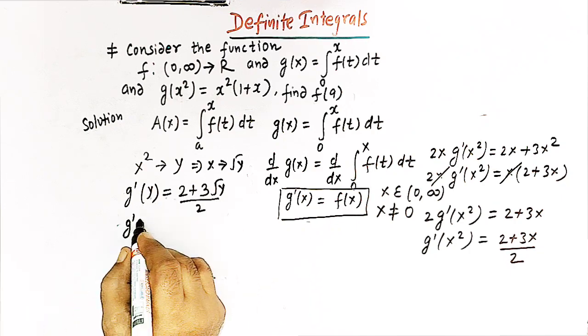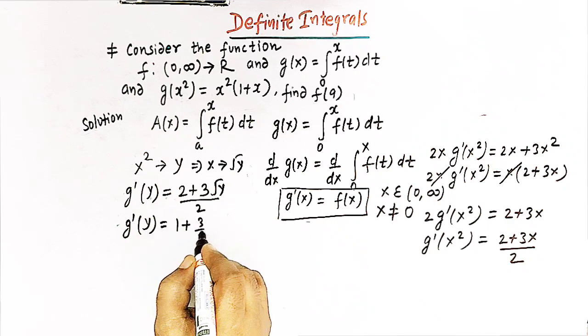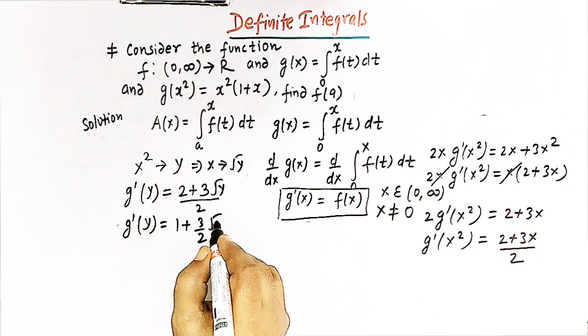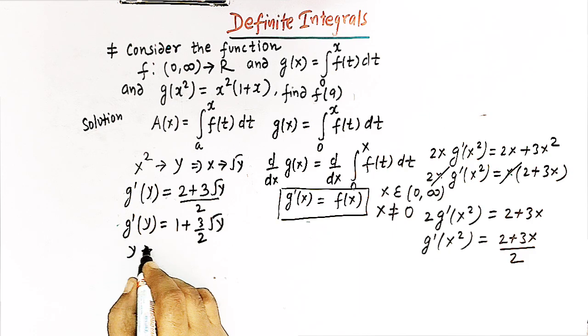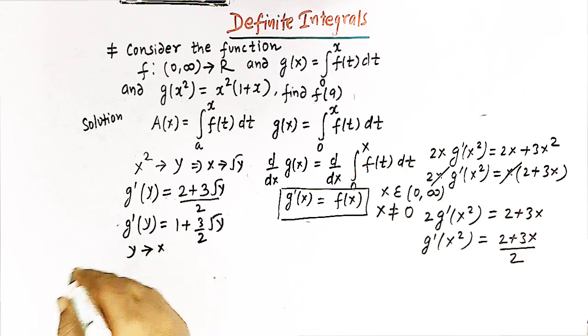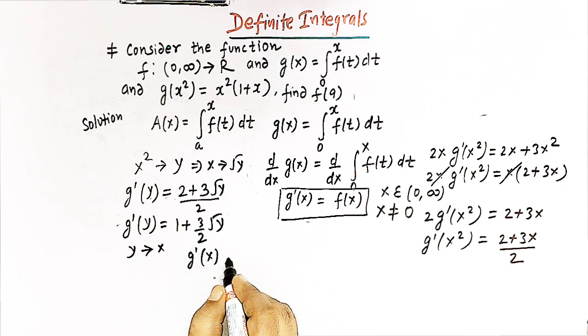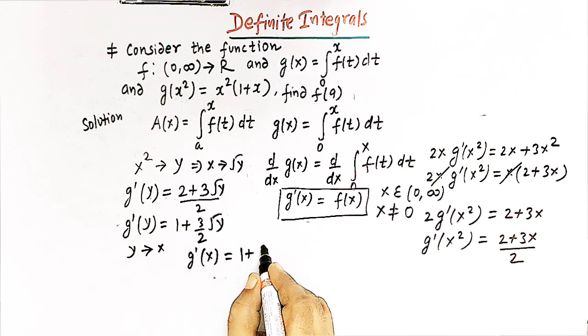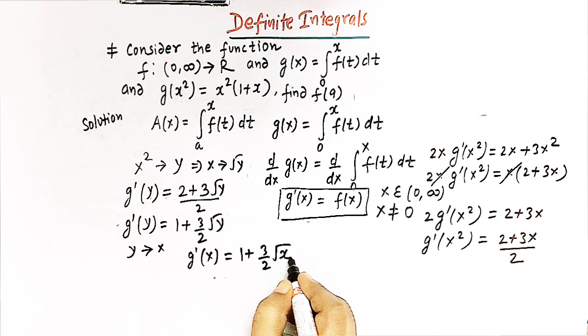So we can now write g prime of y is equal to 1 plus 3 over 2 times square root of y. Again changing the variable from y to x, the usual notation, we have g prime of x equal to 1 plus 3 over 2 times square root of x.